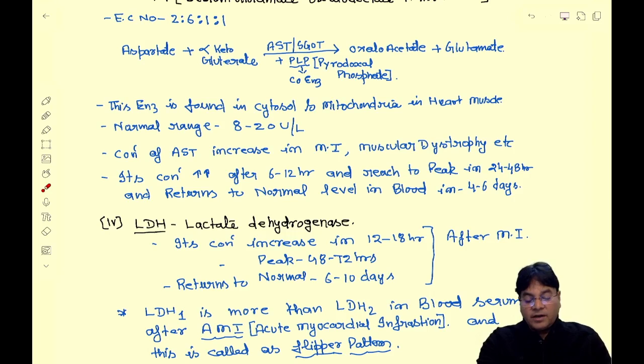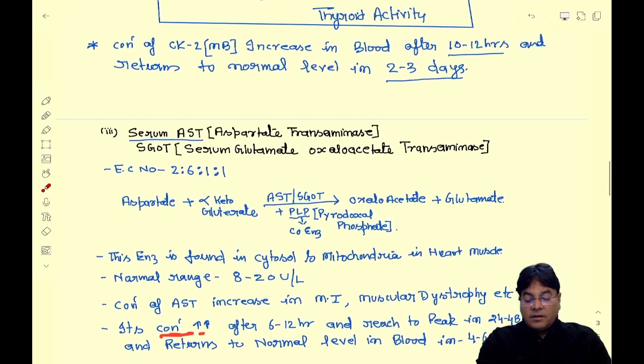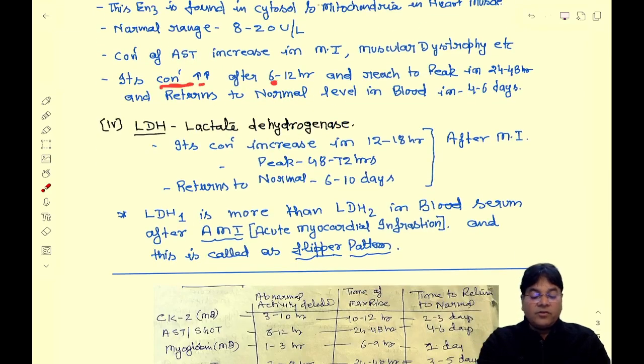That's why it is detected. These two arrows indicate increase. So the concentration of AST increases after 6 to 12 hours and reaches the peak in our blood by 24 to 48 hours, and then finally it returns to the normal level within 4 to 6 days.